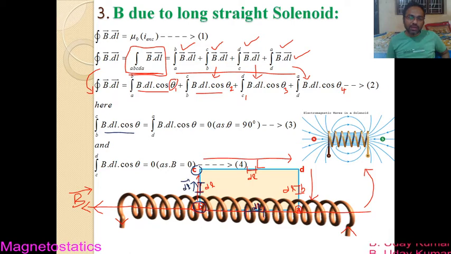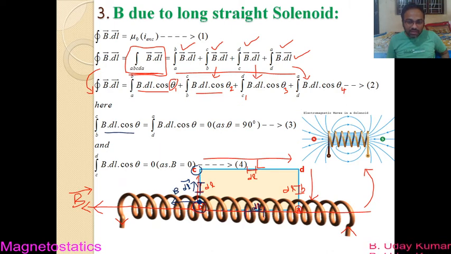Along this path the line element's direction is upward, but you can consider a point that is inside the solenoid. So for example, if you take this point, it is present inside the solenoid, right? You know that inside the solenoid the direction of magnetic field is towards left.